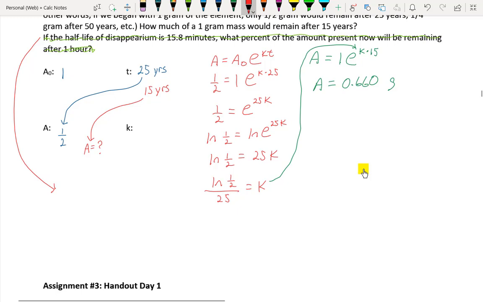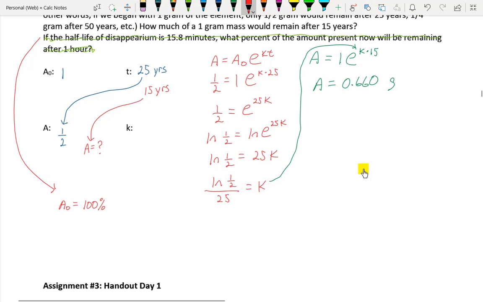You can also do this with percents. So it says, what percent of the amount present now? Well, what's the amount present now? That's 100%, right? So my initial amount, my a sub 0, could be 1, or it could also be 100%.